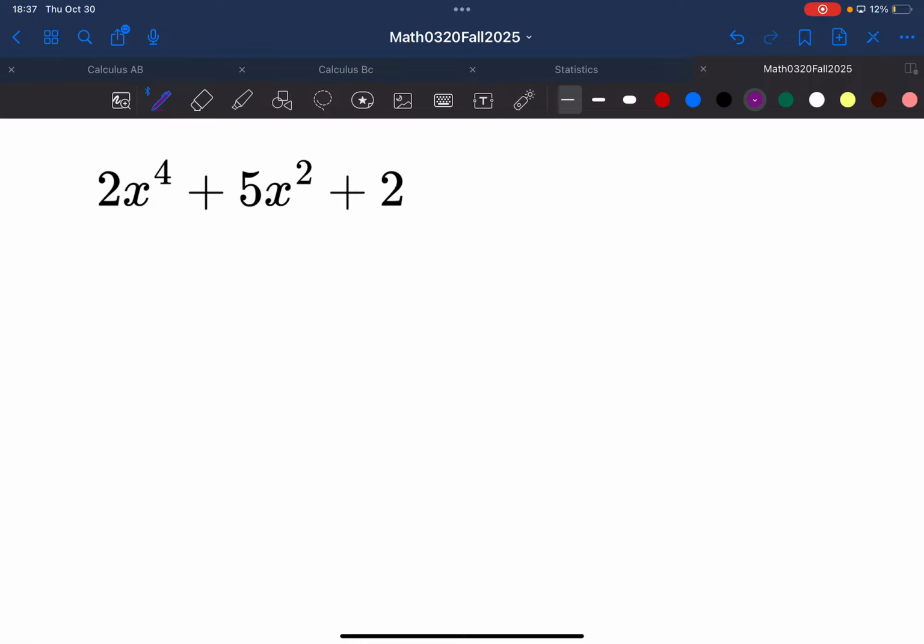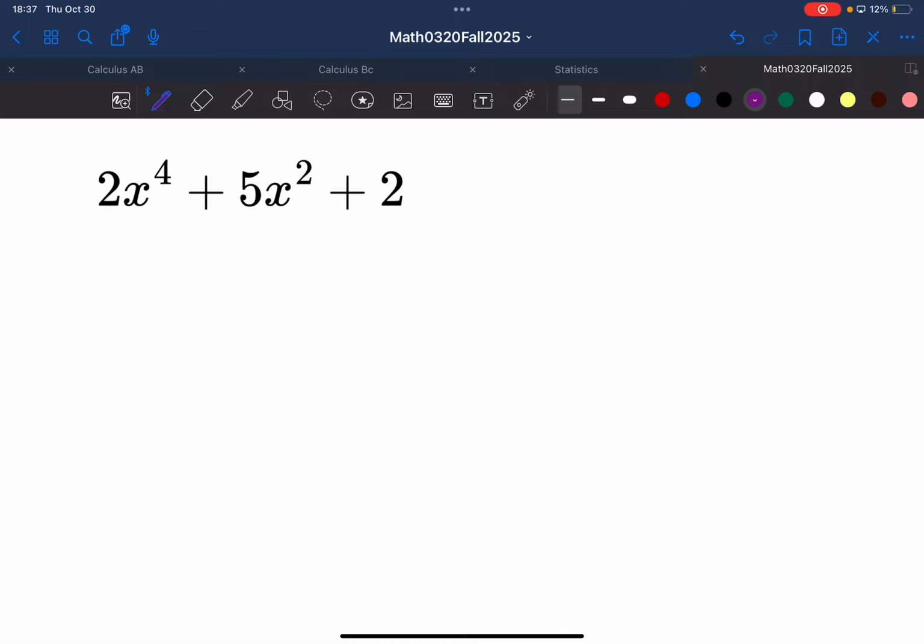Can I take out just an x? Does the 2 have an x? No. Can I take out a number? No, because it's 2, 5, and 2. Can you give an x to the 2 so that you can divide them all? But then I would manipulate the problem and change the equation if I gave it an x.